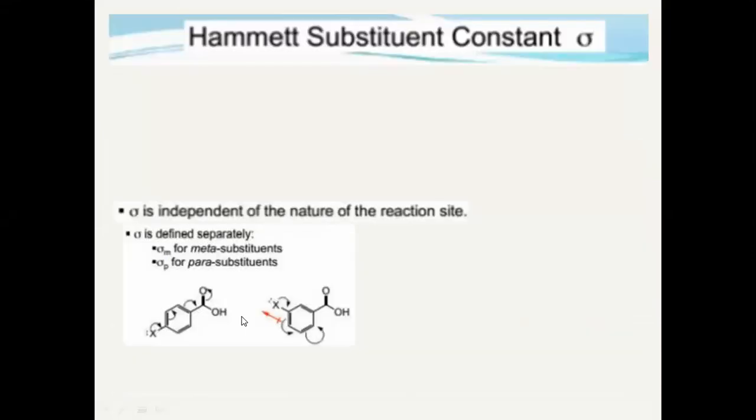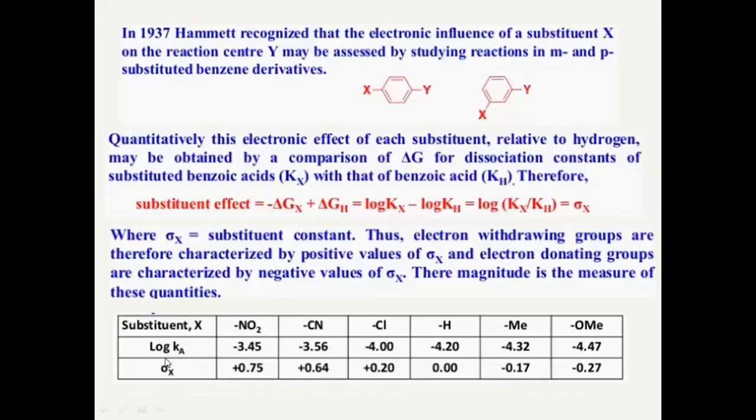See, this log K. What is log K? Log K means the acid, benzoic acid as well as substituted benzoic acid. So if this is X equal to H, that is the simple one, then that value is minus 4.020. And if it is nitro, it is minus 3.45.